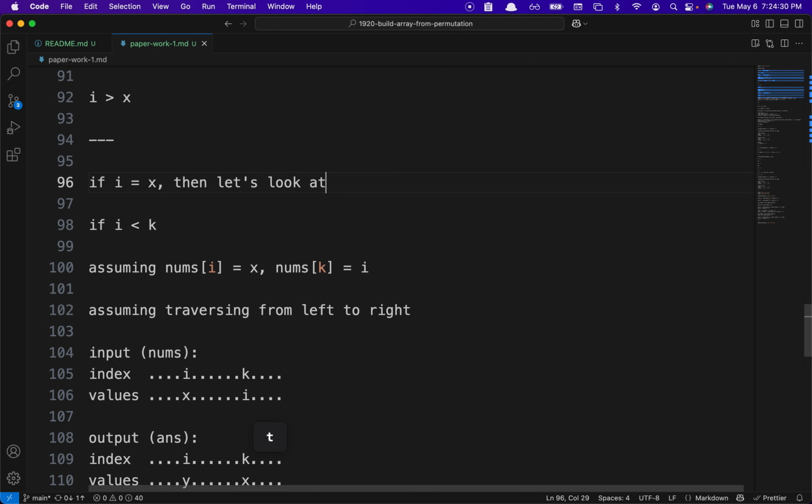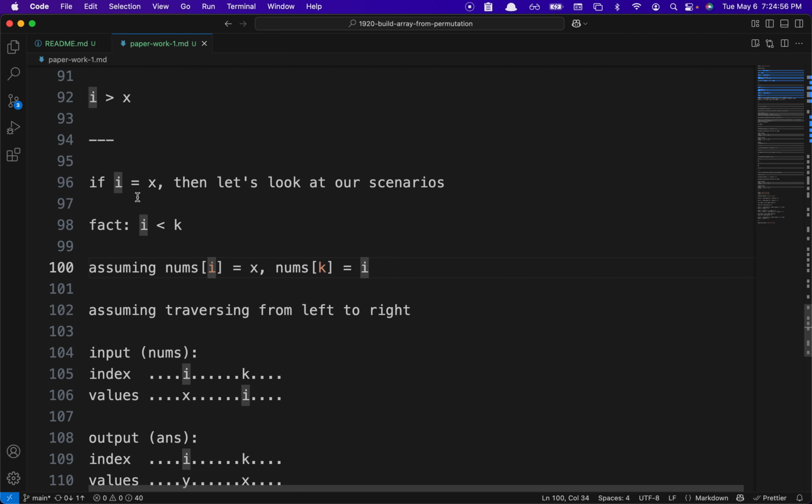let's look at our scenario. I less than K is a fact, assuming, or we'll make it a fact if you want. We'll say nums of I is X and nums of K is I, right?